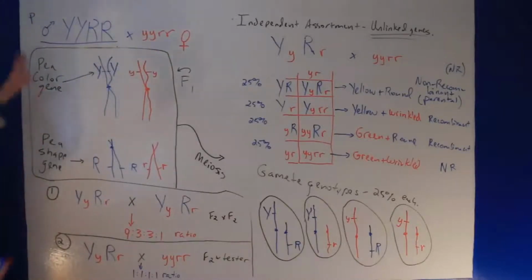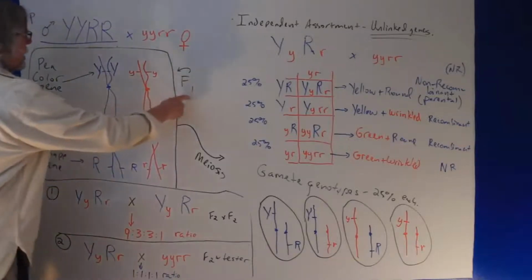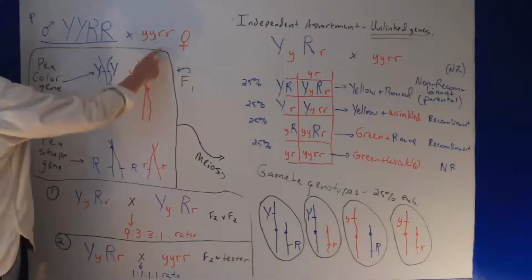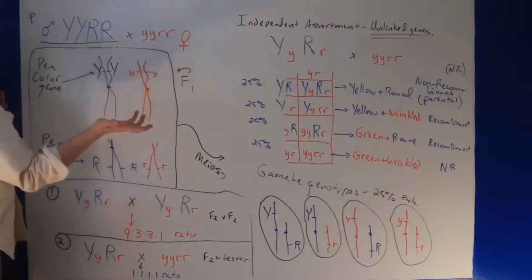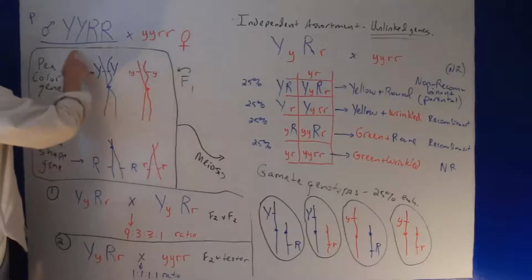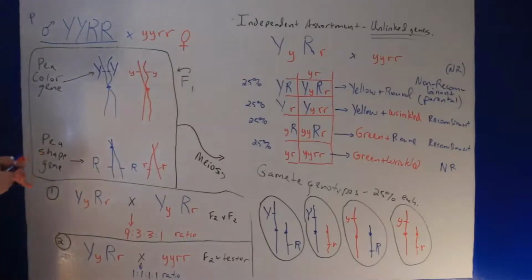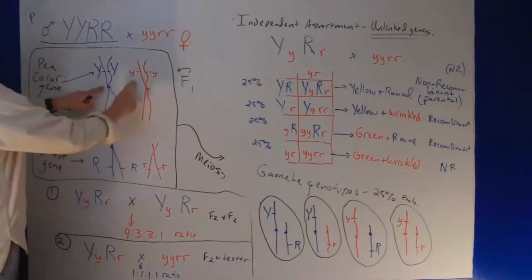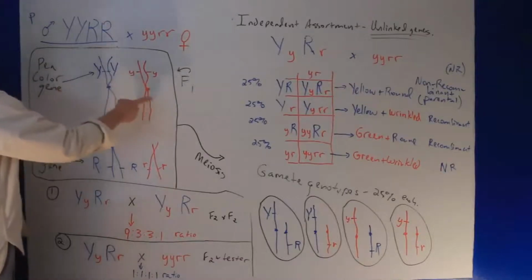Okay, so when he crossed these two strains together, he got an F1 that was heterozygous, one chromosome coming from the mother, maternally derived, and one chromosome coming from the father, the pollen contributor. For the pea color gene on this chromosome, it's heterozygous, carrying one allele of each.